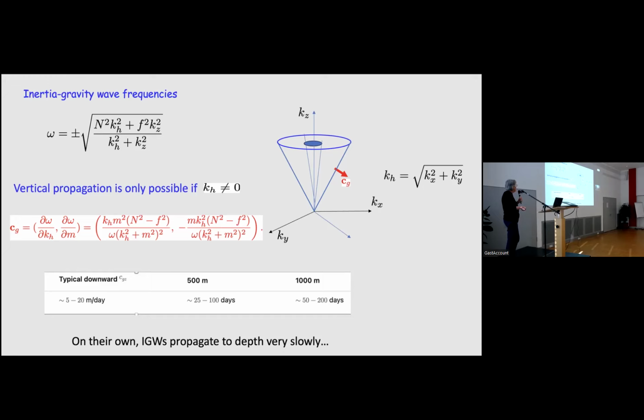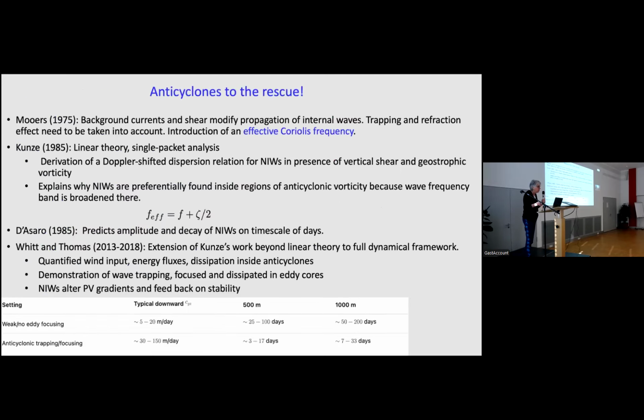So as we see, these inertial gravity waves propagate to depth on their own very, very slowly. Several mechanisms have been proposed, and all of them really involve a shrinking of the horizontal wavelength so that these waves can propagate more efficiently.